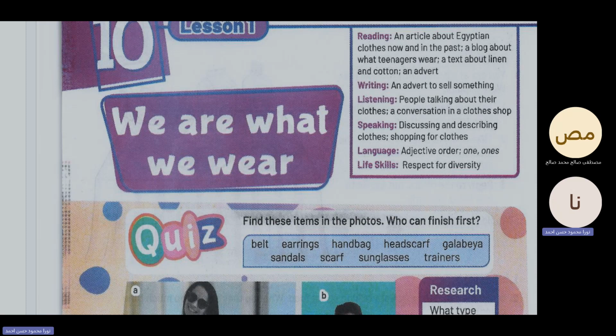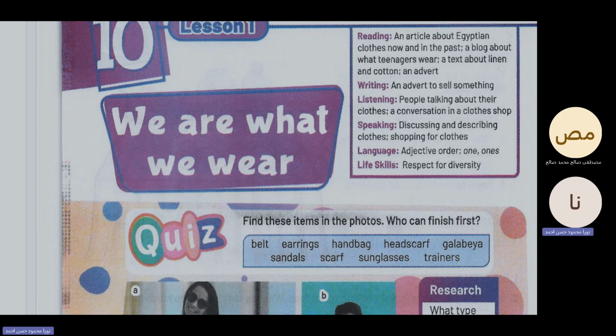If you have more than one adjective before the noun, how can I order them? إزاي نرتب الadjectives? And the difference between one and ones. And about the life skills, you will learn how to respect others, respect differences. So respect for diversity, الاختلاف.